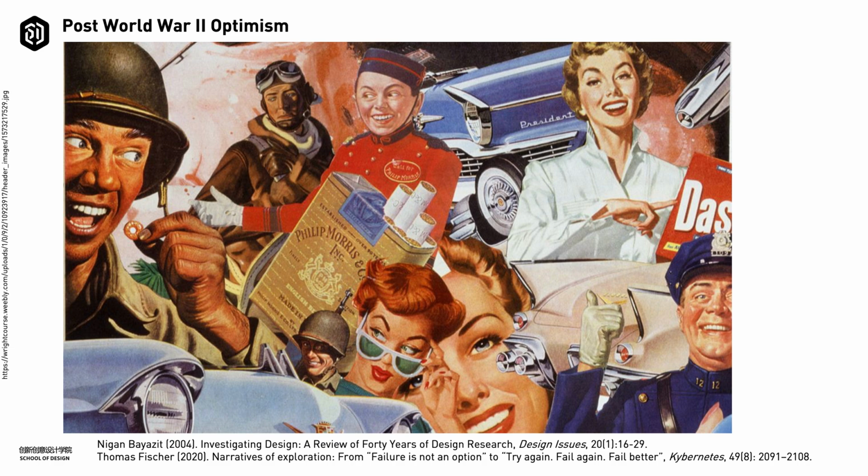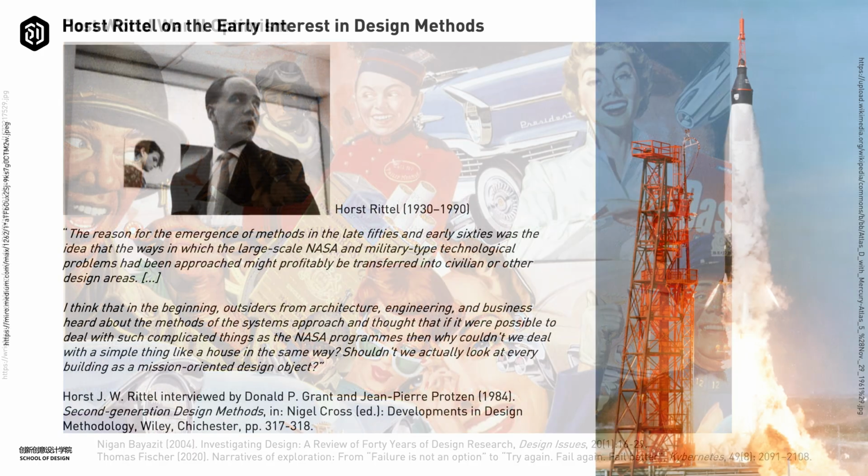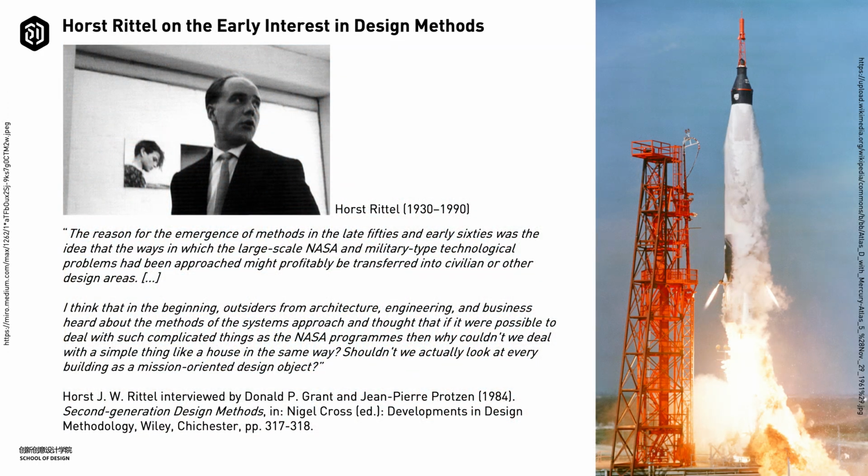They went about a task they set for themselves, which was to develop methods designers could apply, just as practitioners of other fields could apply their methods. Horst Rittel, many years later, looked back at that project and said, the reason for the emergence of methods in the late 50s and early 60s was the idea that the ways in which the large-scale NASA and military-type technological problems had been approached might profitably be transferred into civilian or other design areas.